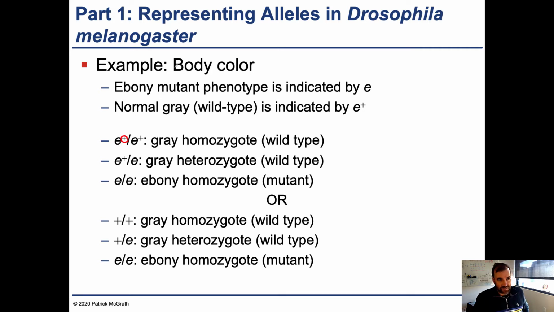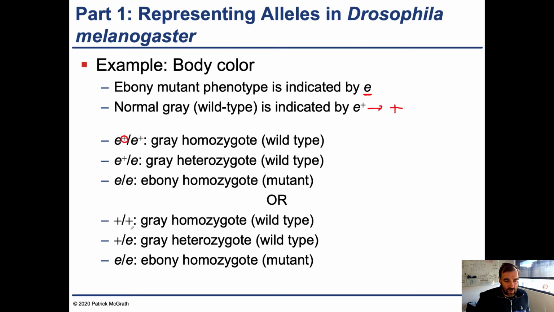An example is body color. They isolated some mutants that affected the body color of the Drosophila fruit flies. The mutant allele is indicated by this E right here, the ebony mutant. The normal wild type color of Drosophila flies, if you isolated them from the wild, would be gray, and that's indicated by either an E plus or sometimes just a plus.